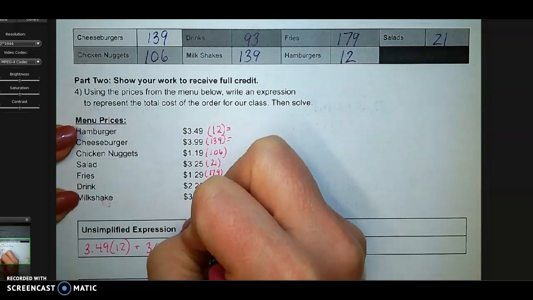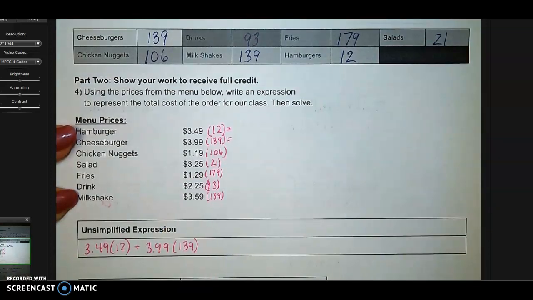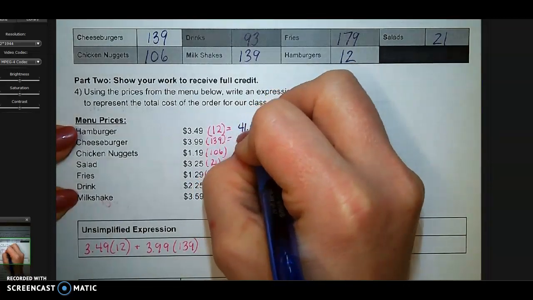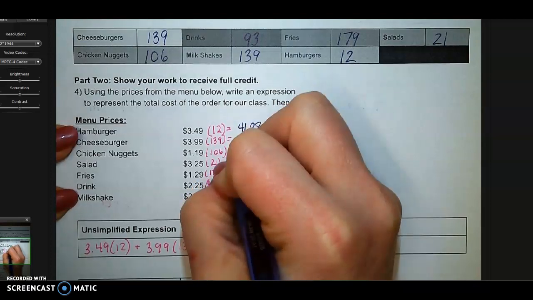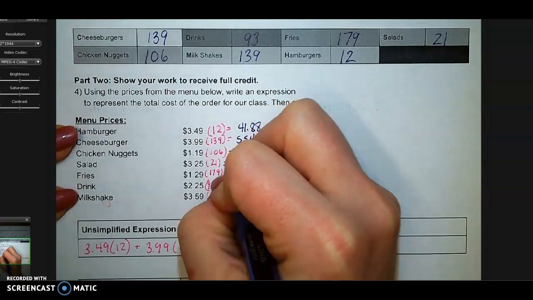Those of you who have done Chew on This with your language arts teachers, you can see one of the most expensive items there is the salad. That is actually typical. When I multiply these, these were the totals that I got. So you can look at this and see if your work differed from mine.